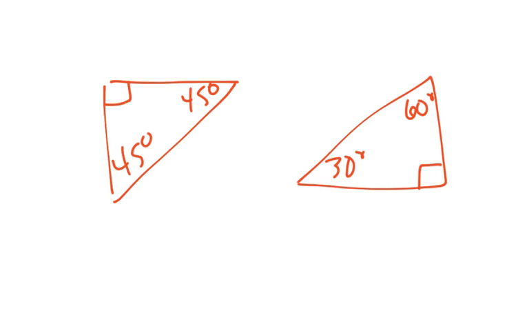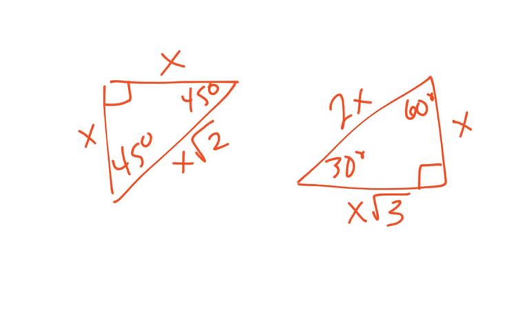Okay? The way it works is that with 45, 45, whatever the legs are, they're the same, and the hypotenuse is the leg times the square root of 2. For the 30, 60, 90, the smaller side, remember, everything's based off that. Whatever side that is, the hypotenuse is twice as big as that. The longer side is that length times the square root of 3.